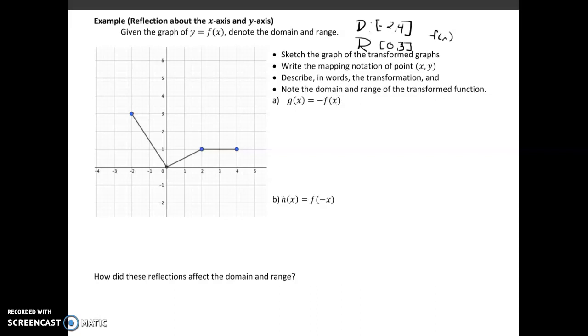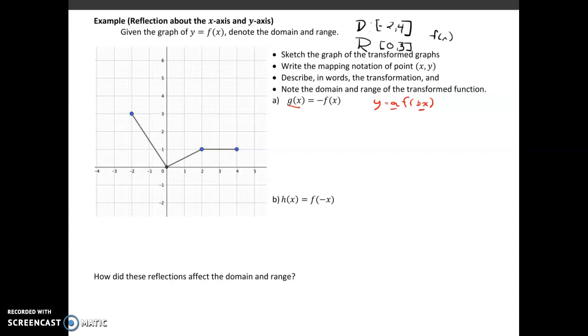So we're going to sketch the transformed graph. Here, this is f of x. I'm going to draw g of x, and this g of x is going to be negative f of x. I'm going to write y equals a f of (b x) to help me out. This is what we're really talking about, and in the next lesson we'll try to combine everything all at once and see how that goes.